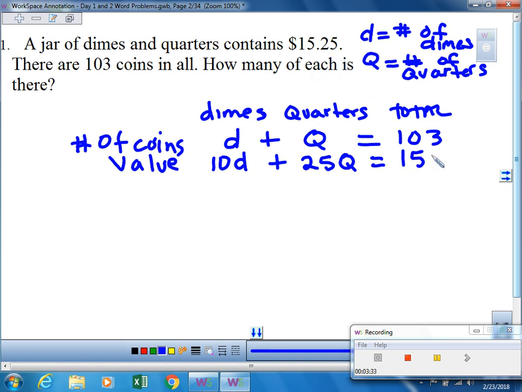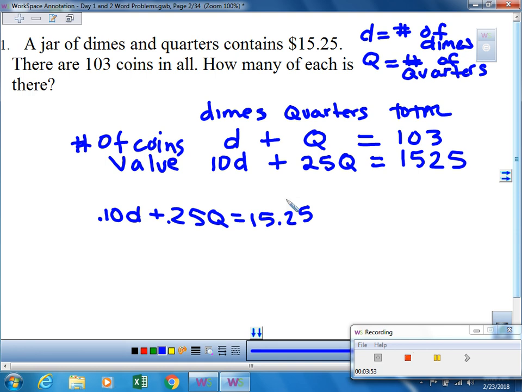Now, I'm going to write this without a decimal. Why did I write this without a decimal? Because technically this line looks like this. This line right here for my value really looks like that. So don't write this down.